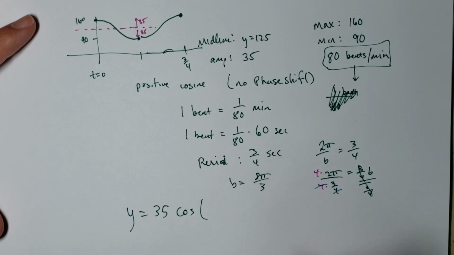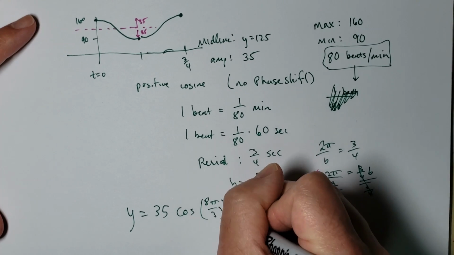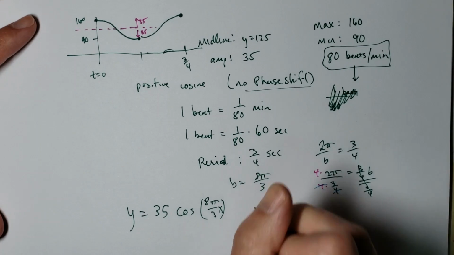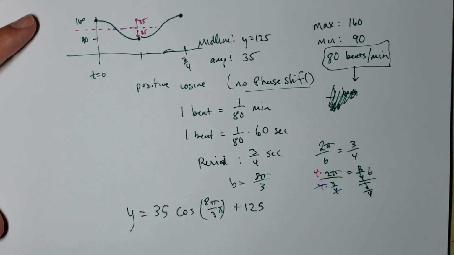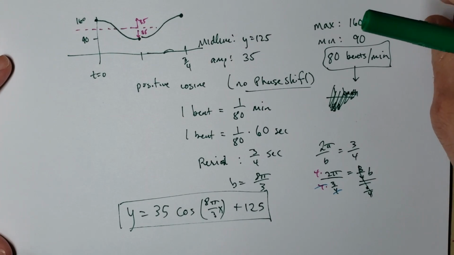Cosine 8 pi over 3 x. Don't forget your x there. There's no phase shift, so there's no c. The midline is 125. So that is the blood pressure. And this is why it's a cosine. All right. In the next video, I will do the other worksheet.